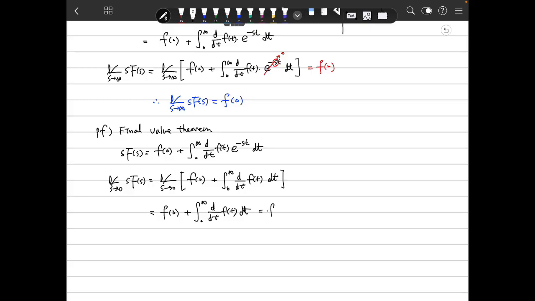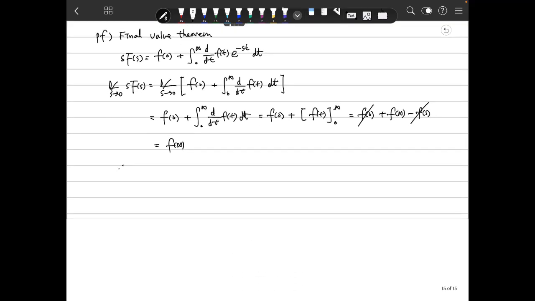So it will be f(0) plus f(t) from 0 to infinity. That value is f(0) plus f(infinity) minus f(0). So there will be f(infinity). Therefore, the limit as s goes to 0 of sF(s) has the same value as f(infinity).